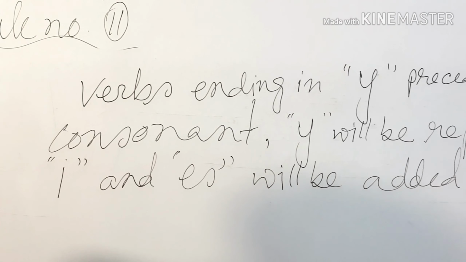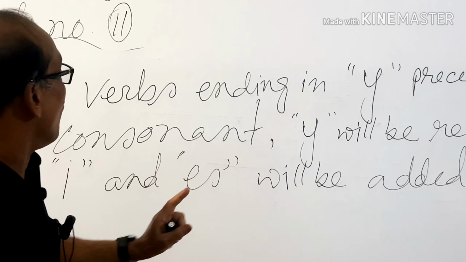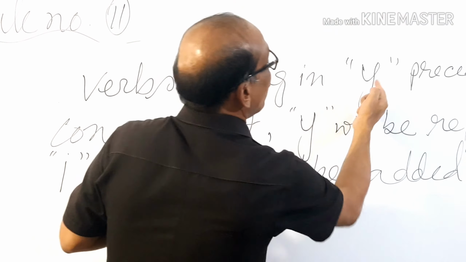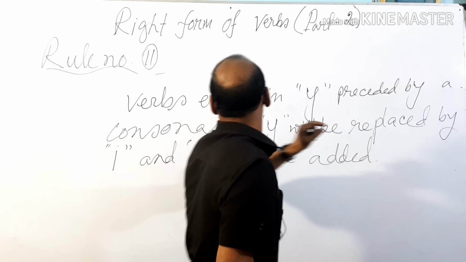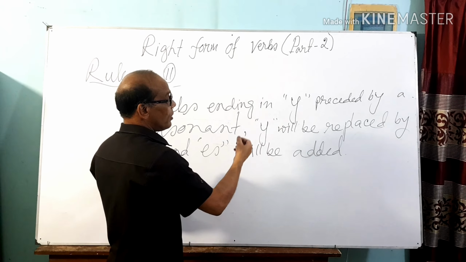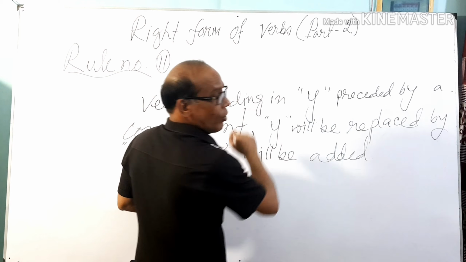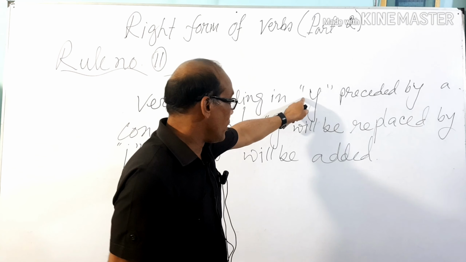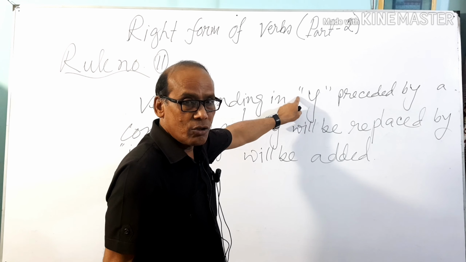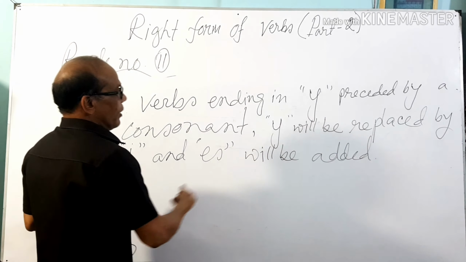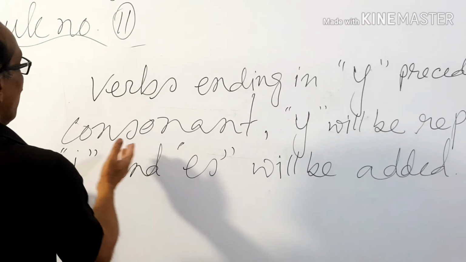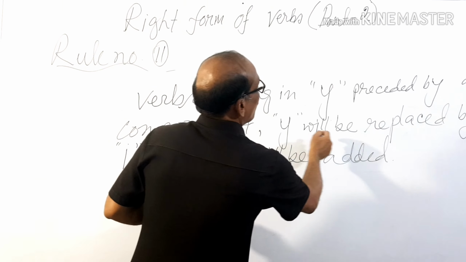So, dear learners, you will have to follow one thing: verbs ending in Y and preceded by a consonant. Preceded by means consonant sits before Y, or consonant found before Y. That is preceding. So preceded by a consonant, Y will be replaced.